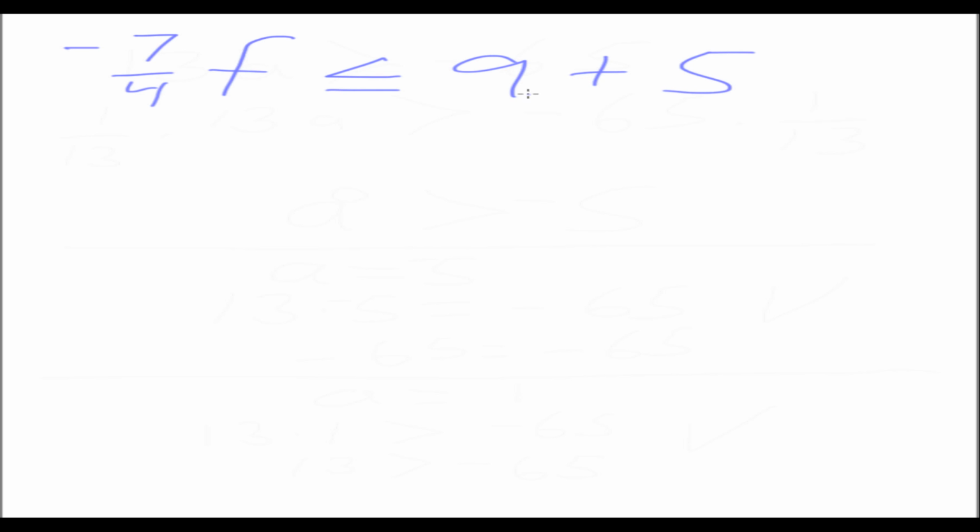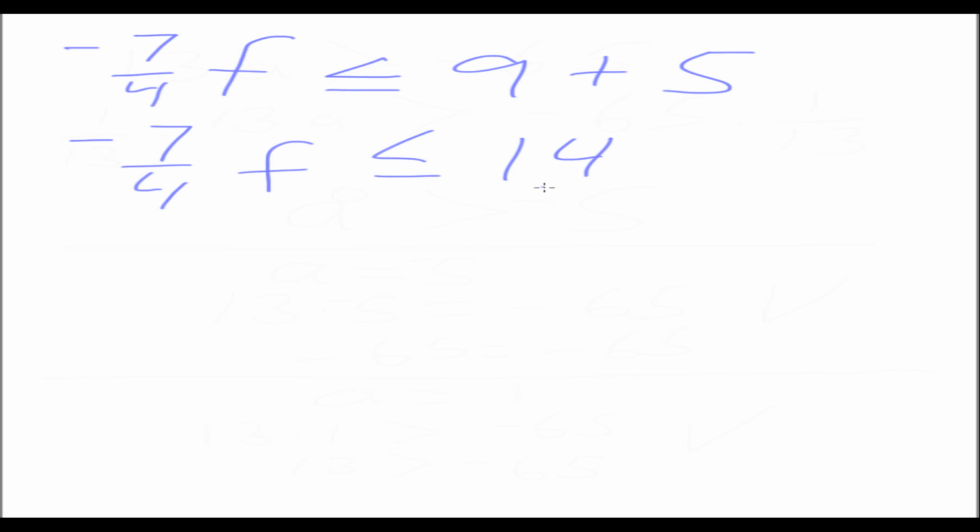Alright, so first off, I've got to combine like terms, right? I've got 3 terms here, but I've got common factors there. Those are just 9 and 5. I could add those together. So I want to do that first thing. So -7/4 times f is less than or equal to 9 plus 5 is 14.